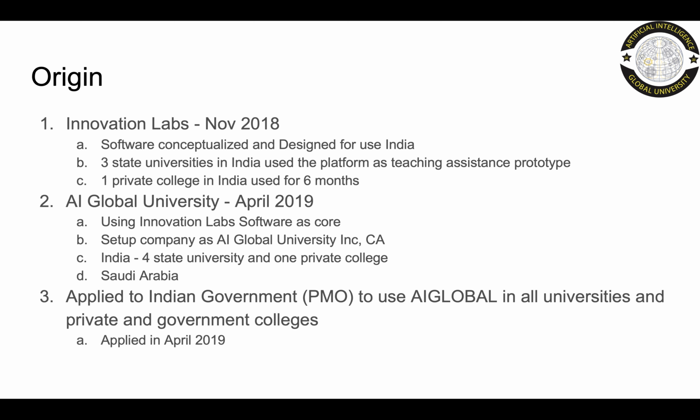During April 2019, we also registered with the Indian government through PMO, and our request with PMO was to use AIGU as one of the institutional authorities to assist various universities and colleges to help students learn machine learning, artificial intelligence, and other latest technologies.